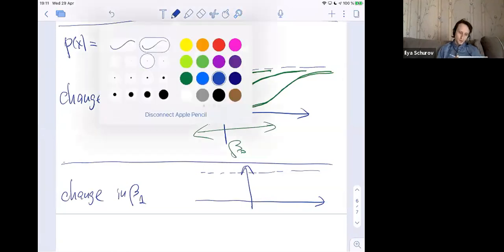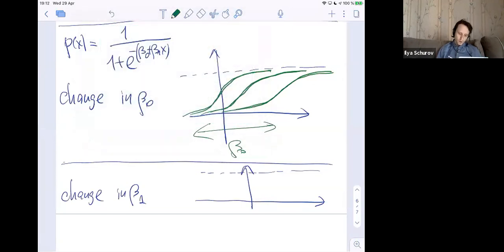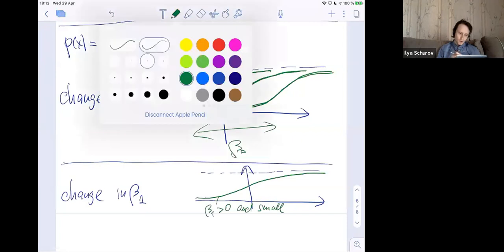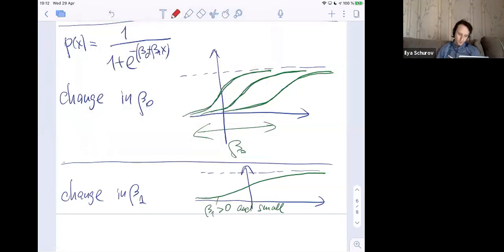And it means that this is like beta 1 greater than 0 and small, and this is like beta 1 greater than 0 and large.